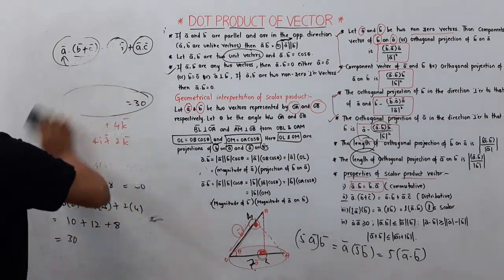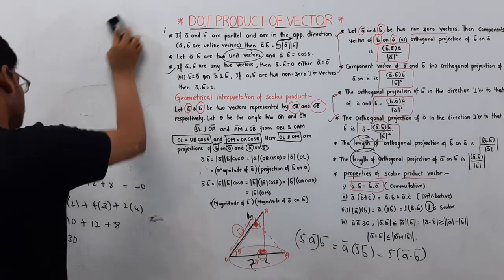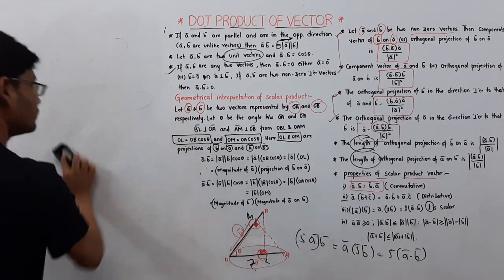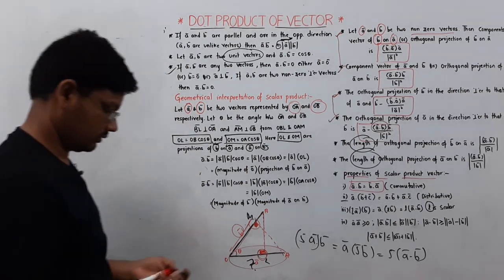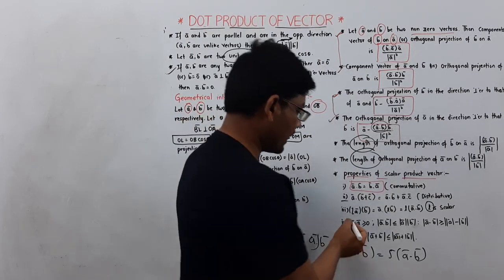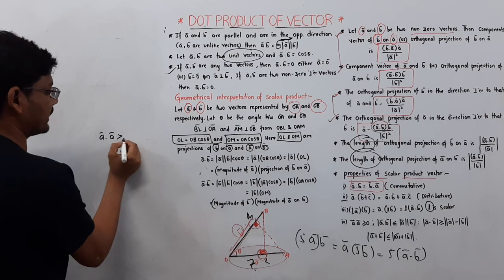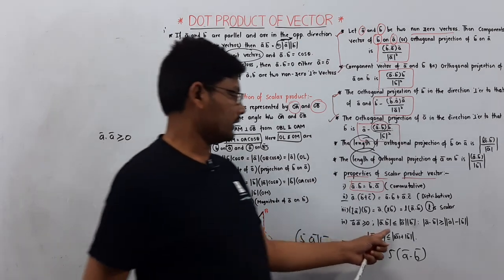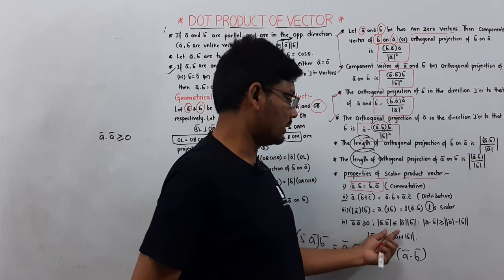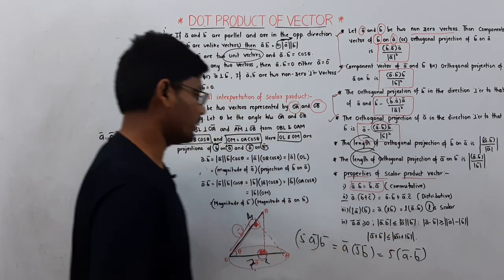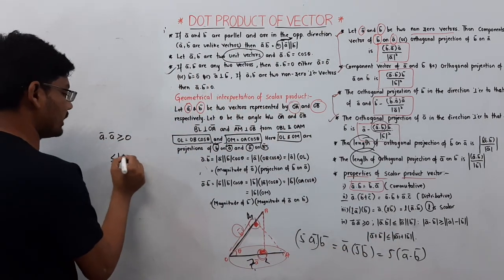And the final one: A bar dot A bar, the product of the same vector, is greater than 0. And the modulus of A bar dot B bar is less than or equal to the product of the magnitudes of A bar and B bar.